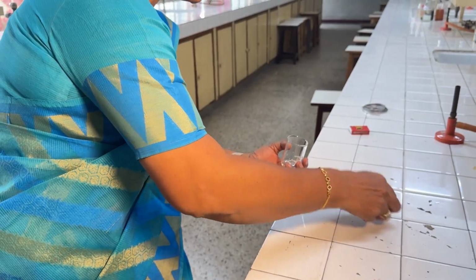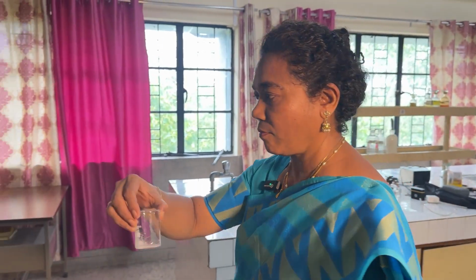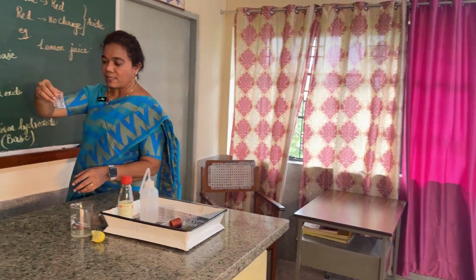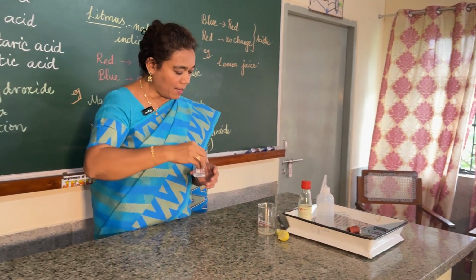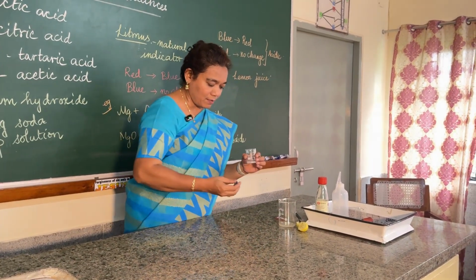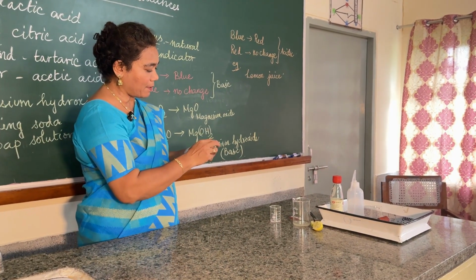Magnesium oxide. So this is magnesium hydroxide. Now we have this solution. We have to test this with blue litmus paper and red litmus paper.